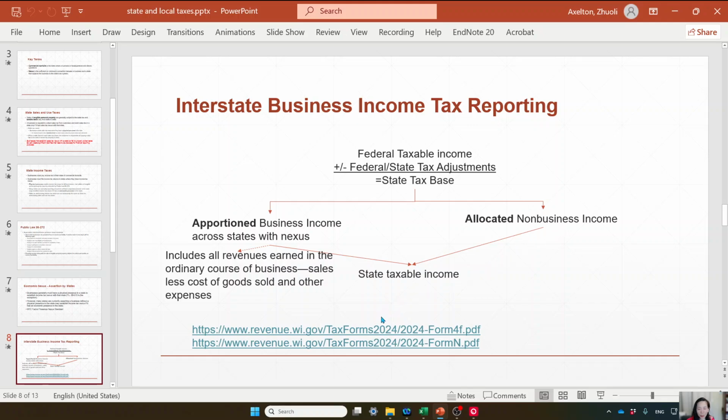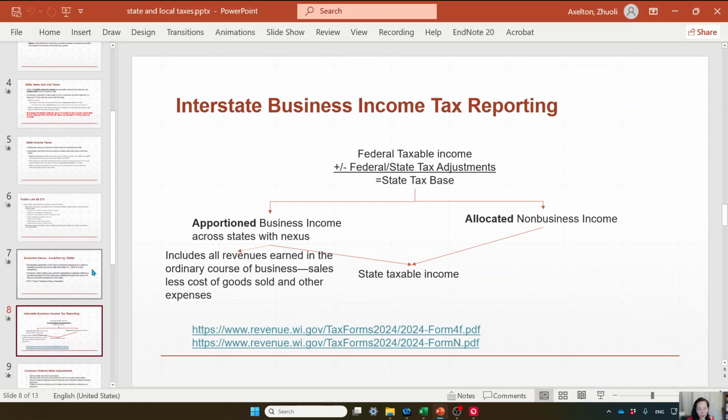I have attached the 2024 tax forms, Form 4F and Form N for Wisconsin. You can take a look. Of course, each state's tax return is designed a little bit differently, but generally speaking, they have all these components reflected on the return.